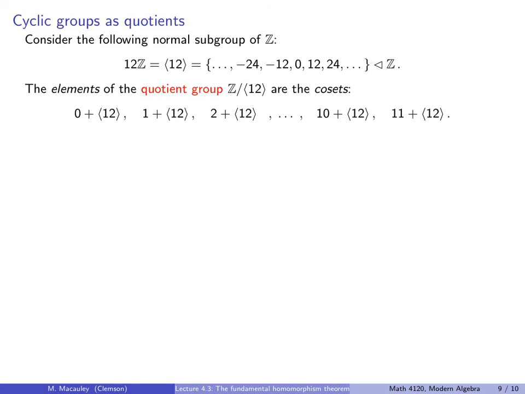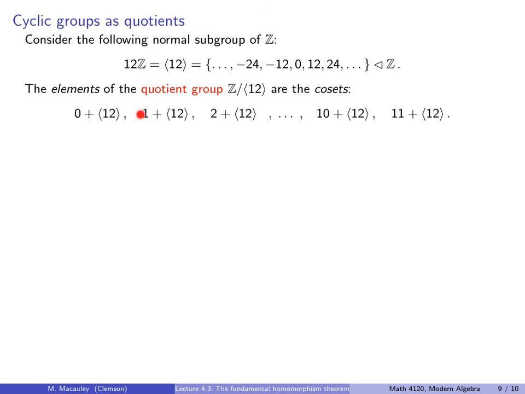Now, the elements of the quotient group are the cosets. And be careful, this is an additive group, so the cosets are written additively. The identity coset is just the subgroup 12, which is 0 plus 12. And then the other cosets look like this. So by this we mean 1 plus the group generated by 12 means 1 plus a multiple of 12.